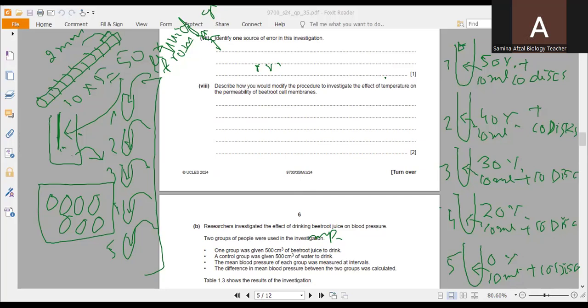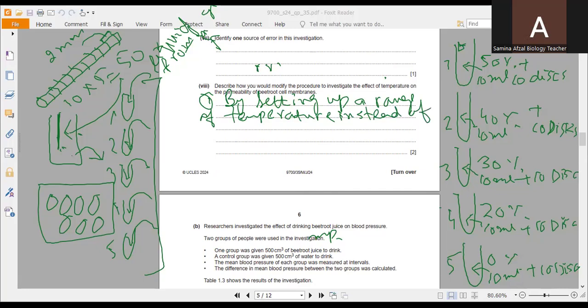Now here you can modify this by setting up a range of temperatures instead of using one temperature.